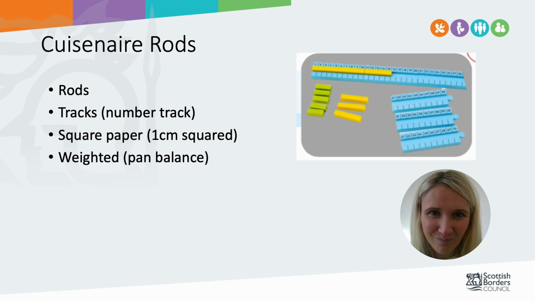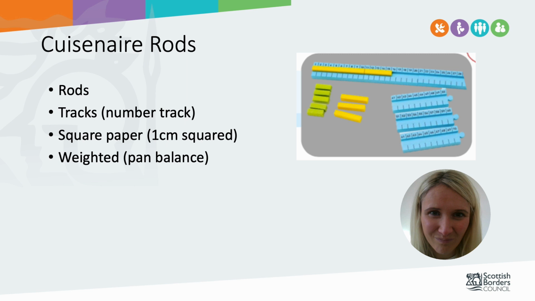It's also really useful in first and then into second level to actually have some 1 centimetre squared paper to use with the rods and to start bringing in as part of your work with Cuisenaire, because there is that relationship between the length of the rod and centimetres. So again, that's something really interesting for your learners to maybe investigate and think about as part of the exploration.